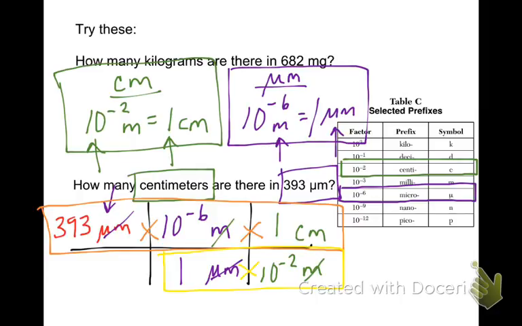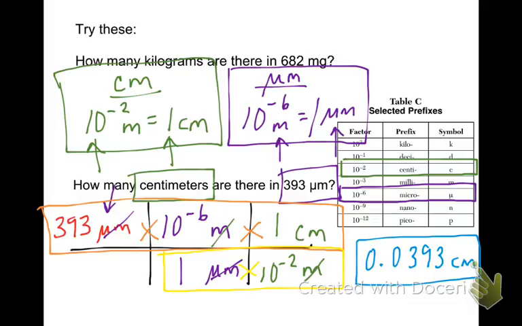And in doing all of that, we will come out with our answer of 0.0393 centimeters. Which makes sense because centi is a larger unit than micro, so our numbers should in fact be smaller.